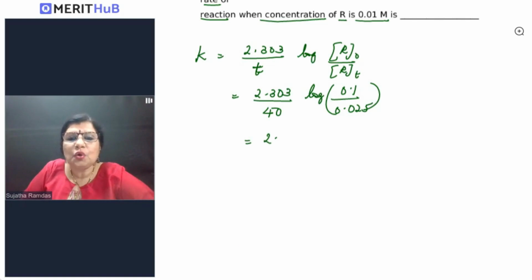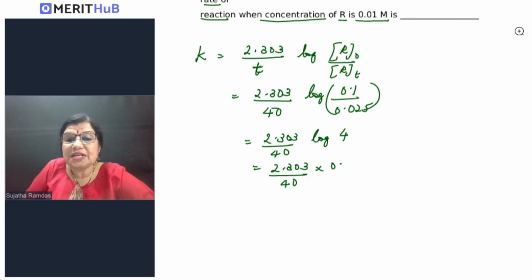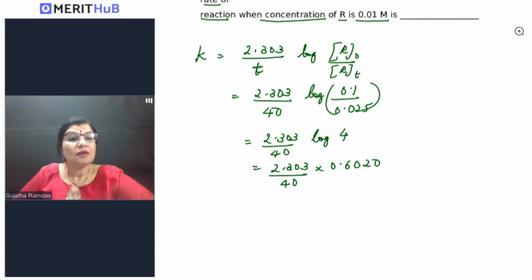So that is 2.303 by 40 into log 4, which is 2.303 by 40 into 0.6020. That is the value for log 4. It's a simple value to remember. And if you substitute for this, you will get the answer as 0.347 or 0.35.